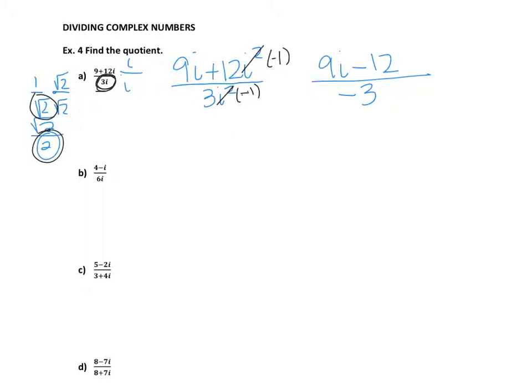And I did. We've got one more step because what form does it need to be in? It needs to be in A plus BI form. So first thing I'm going to do is I'm just going to take -3 and I'm going to divide it into each. I can do that because it's only one thing on the bottom. So when I do that, I get 9 divided by -3, which is -3i, and I get -12 divided by -3 plus 4.